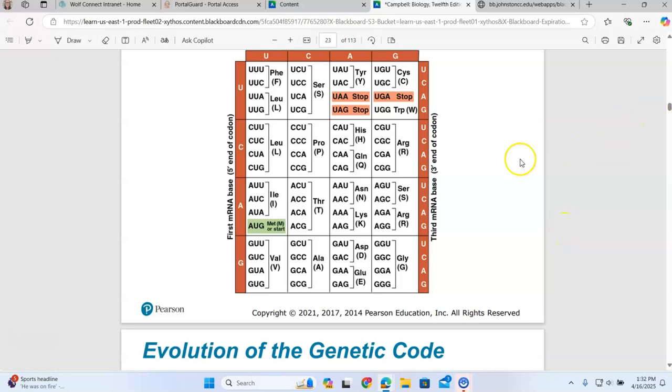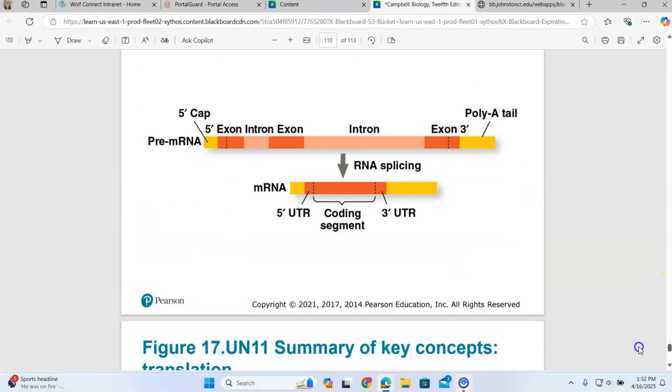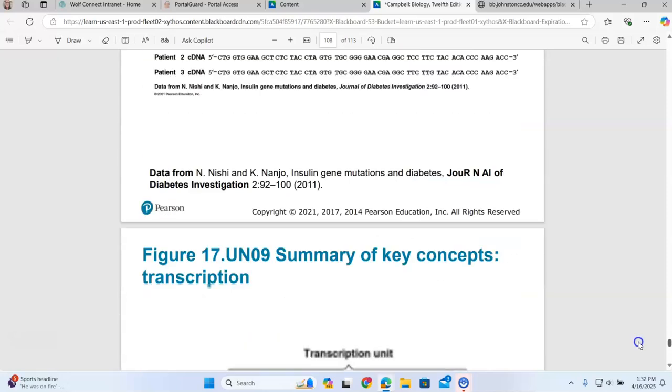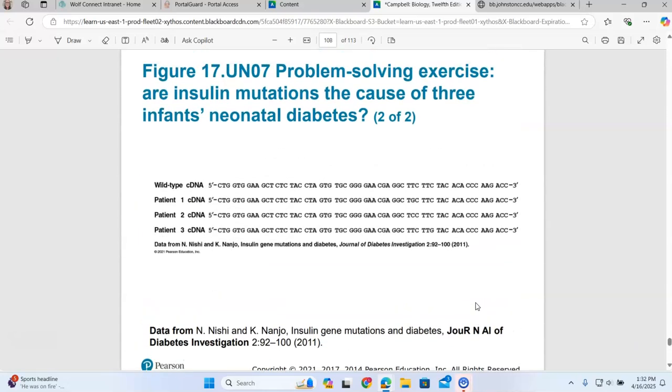Now let's go back to, and I'm writing this down, slide 23, so I can come back to it. Now we're going to go to patient number 2 and see what the messenger RNA codon would be. Patient number 2, the DNA is TCC.